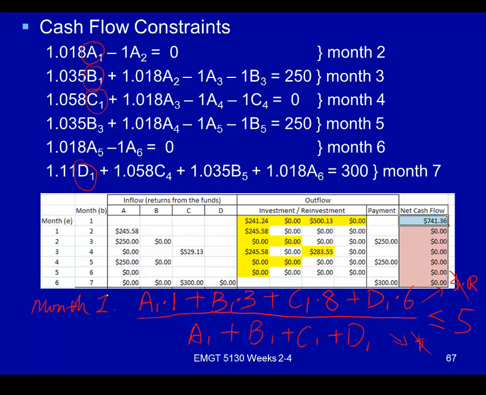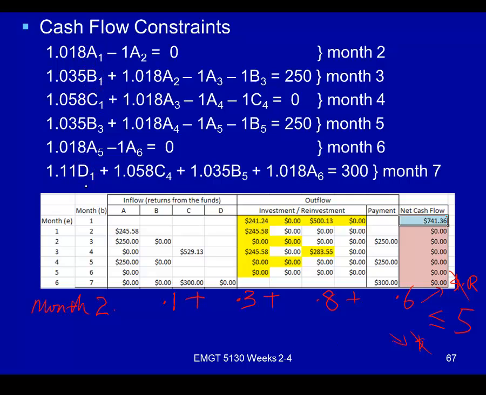And now for month 2. For month 2, let's see which investments we have. In month 2, A1 matured and we invested in A2.